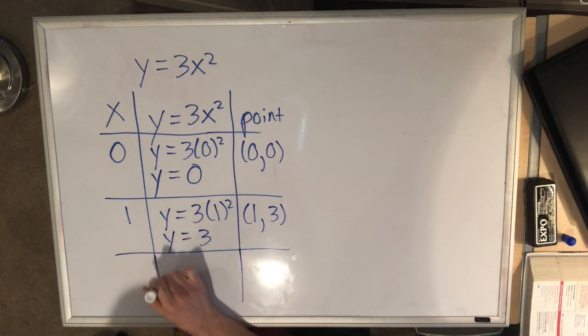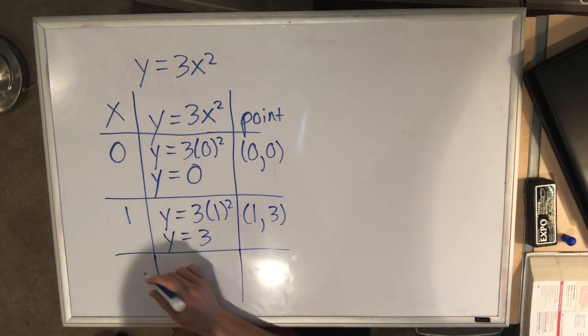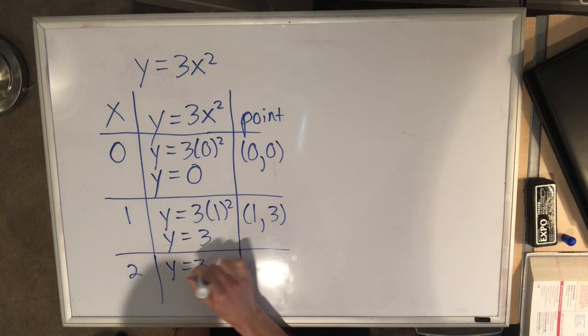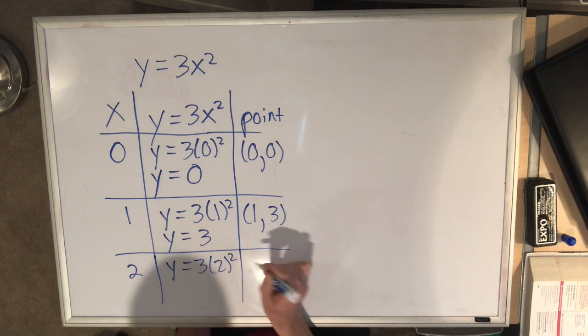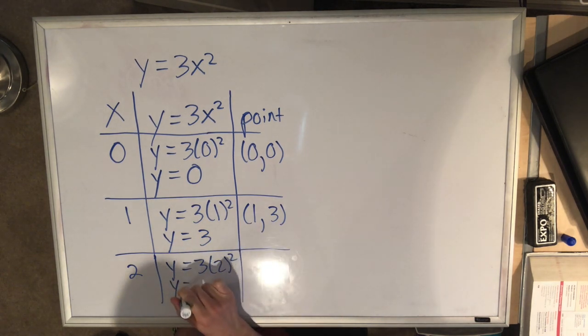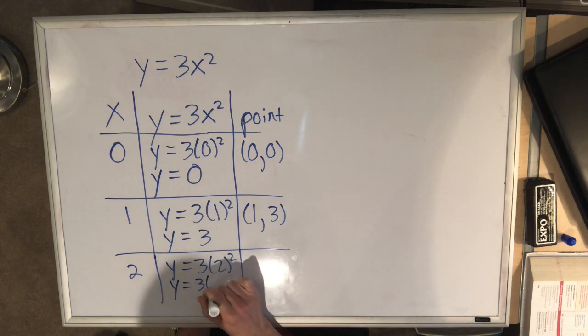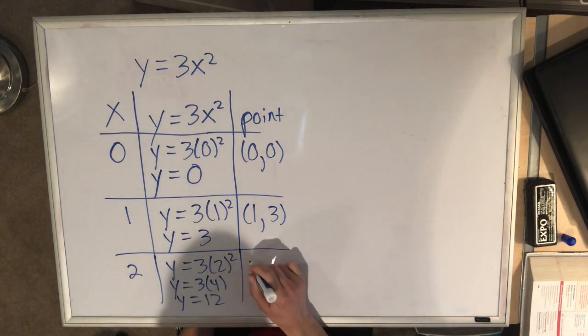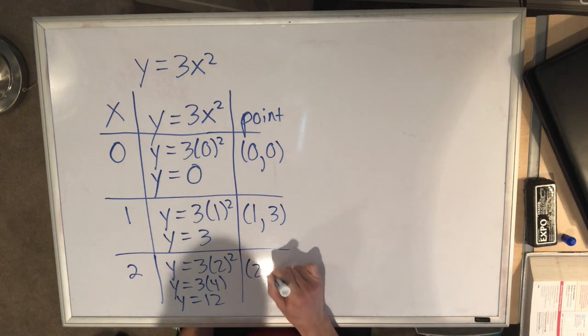Now let's substitute in 2 for x. y equals 3 times 2 squared. Do E for exponents before M for multiplication according to PEMDAS. 2 squared is 4, 3 times 4 is 12. So that's 2 comma 12.